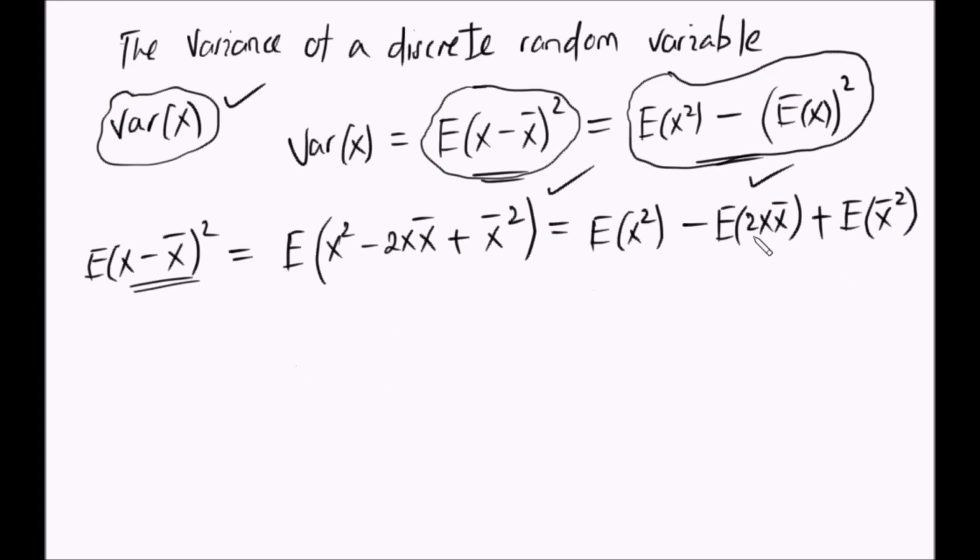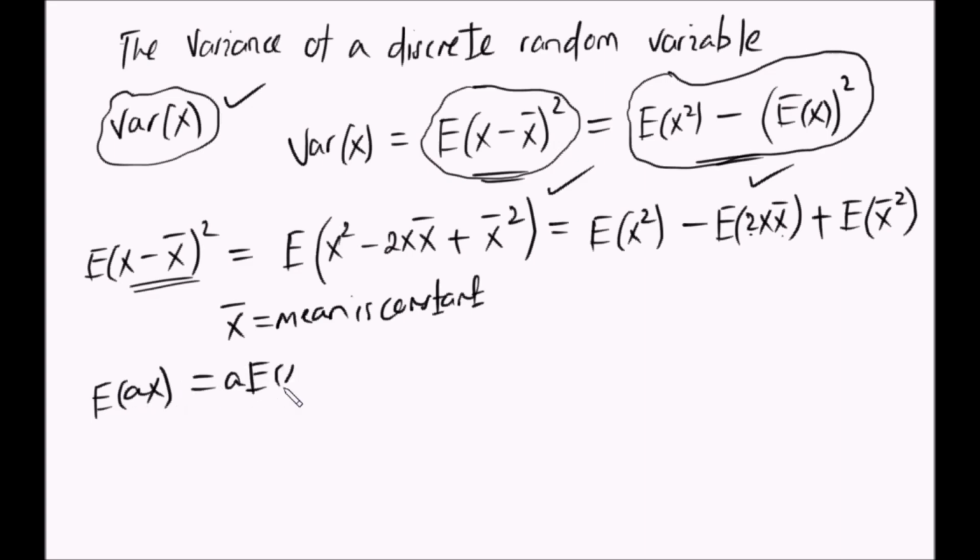So hii x bar na hii mbili ni constant, unaweza kuzitoa nje. X bar is the mean so is constant. Mean average is constant. So tulisoma in the previous tutorial ukiwa na hivi a is constant, tulisema a unaitoa nje, si ndio hivi?